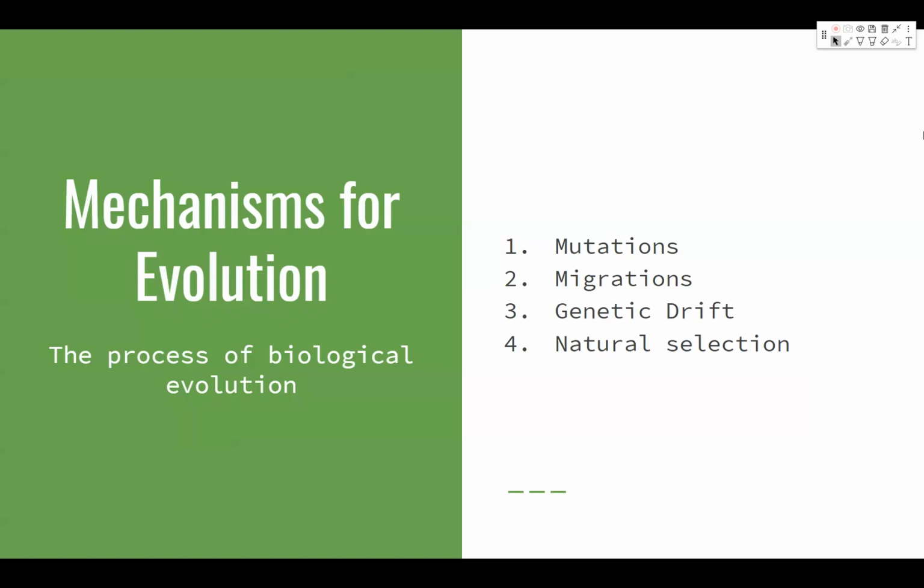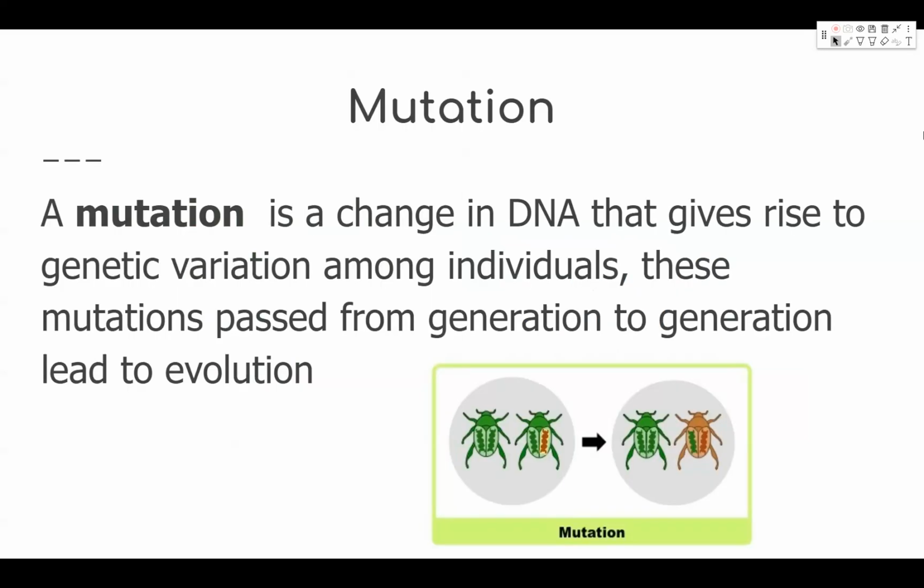All right, this is our process for biological evolution. Changes in populations' gene pools can happen in these 4 ways: mutations, migrations, genetic drift, and natural selection. So we're going to go through these one by one. The first being mutations.